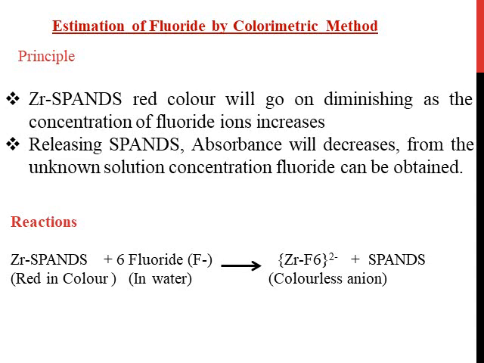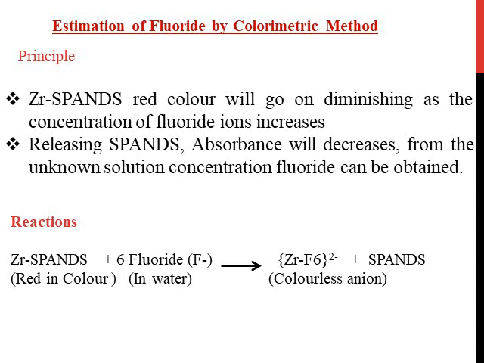Now the principle is zirconium SPADNS. SPADNS is an organic compound, which is made in the form of a coordination compound called zirconium SPADNS, a red colored solution. If this red colored solution is added to a solution containing fluoride ions, the red color will go on diminishing. The red color goes on decreasing as the fluoride concentration in the solution increases.